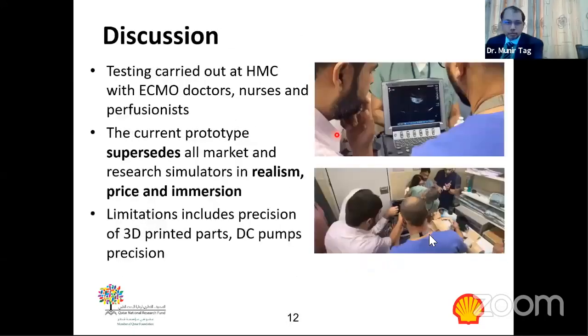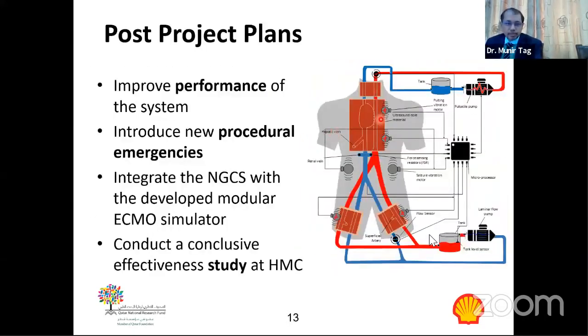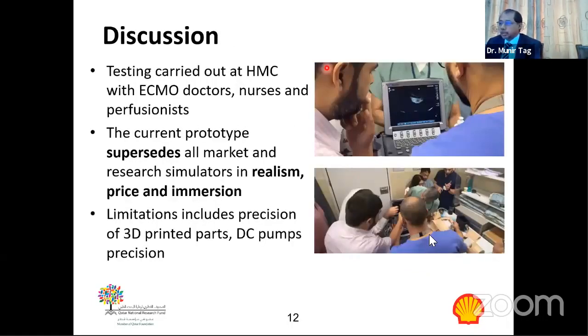Thank you very much for the interesting presentation, interesting work. You mentioned that you have a prototype now and you are testing it, and also you are collaborating with HMC, which is good. But I have a comment regarding your statement that your model is better, and also the price is interesting.